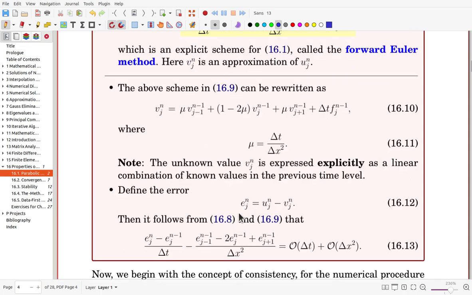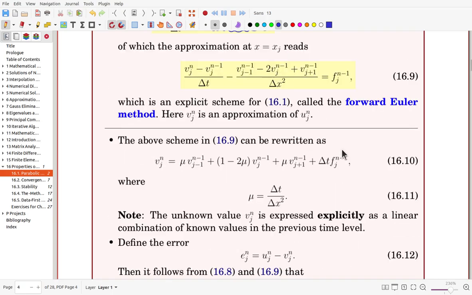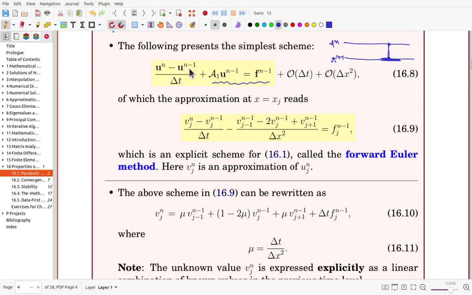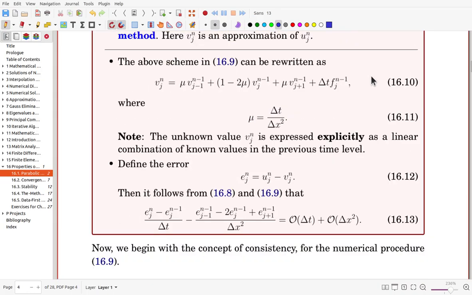Now we define the error. Here e_j^n is the true value at x_j and t_n minus the approximate value obtained by using this equation. If you subtract one from the other, then rather than u and v, you can replace this portion by e, and then you have that portion, the error remainder.